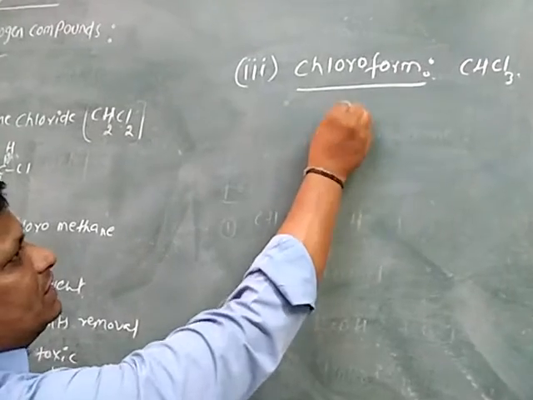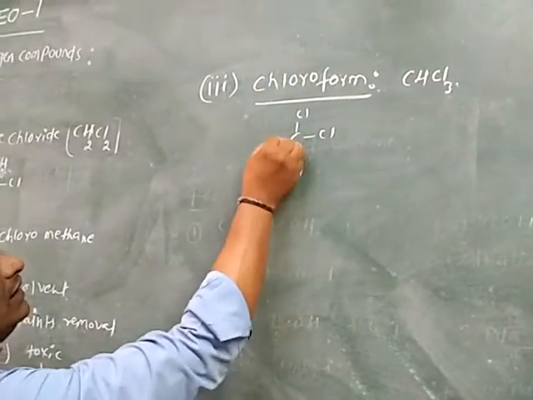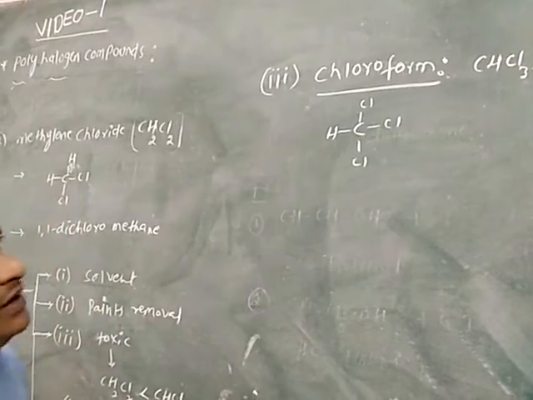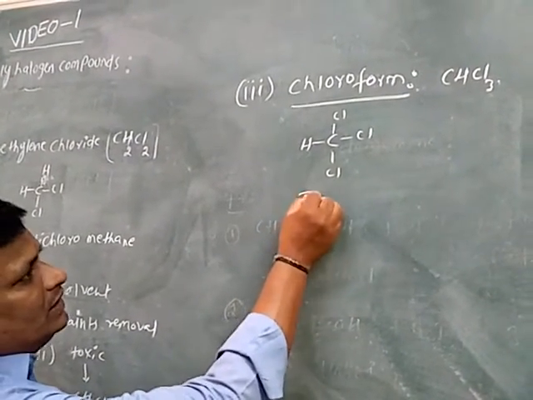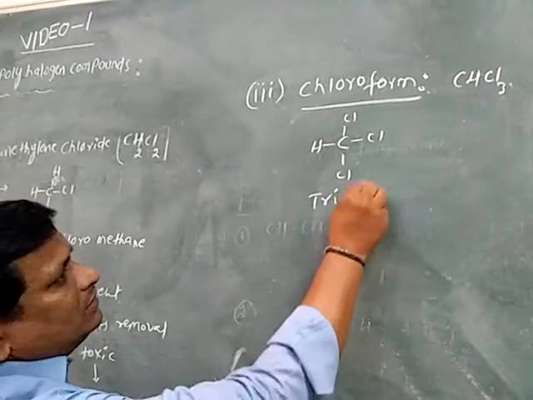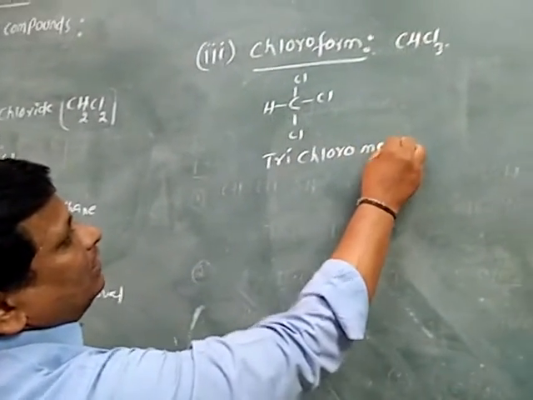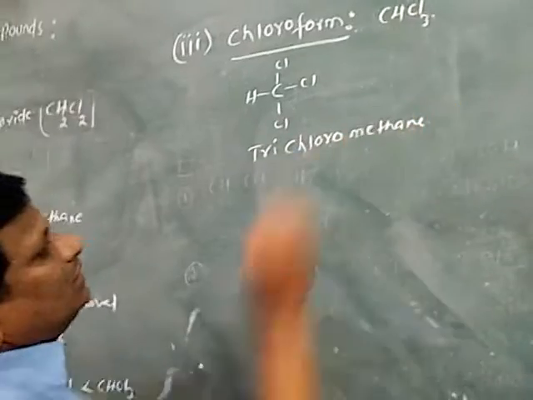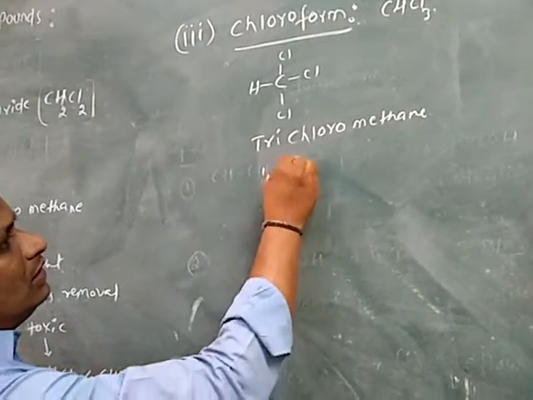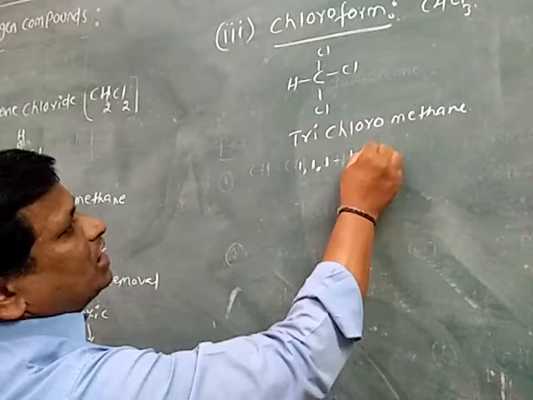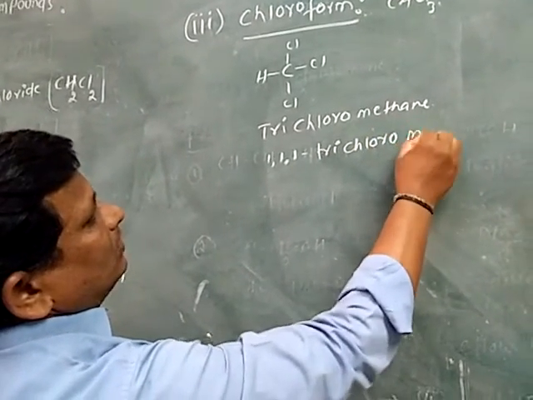Its representation is a carbon with three Cl and one H. It is trichloromethane, and its IUPAC name is trichloromethane.